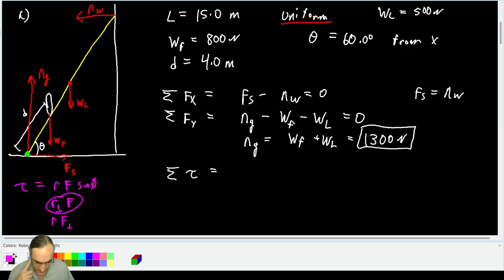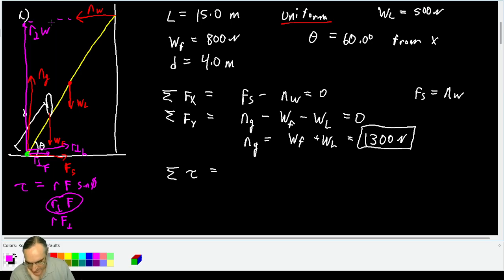We're actually going to do it this way, r perpendicular. So r perpendicular to get to the first force, the second force, so to the firefighter, to the weight of the ladder, and then all the way up to here to get the r perpendicular for the wall.